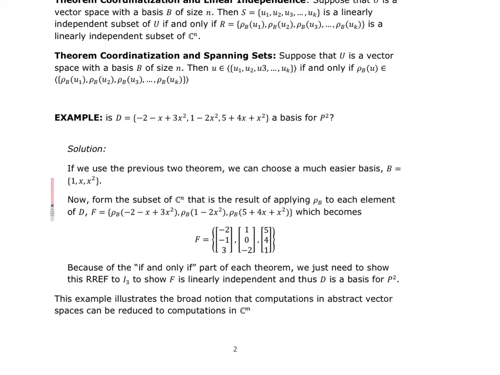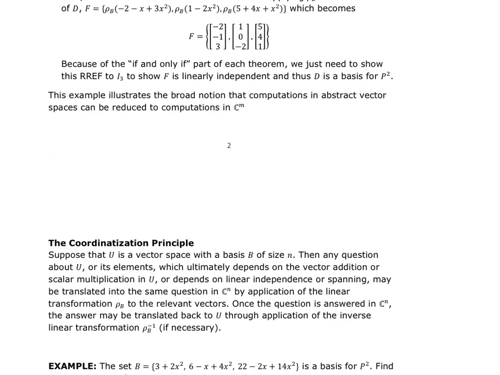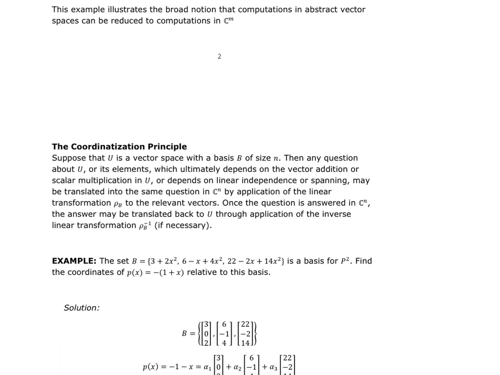Now, this one's probably a much better one, but sometimes you want to have this one. So this example illustrates the broad notion that computations in abstract vector spaces can be reduced to just computations in Cn. So then, let's go on and do another example.